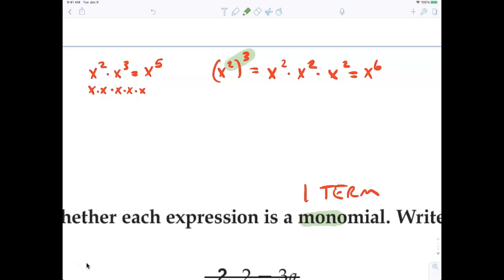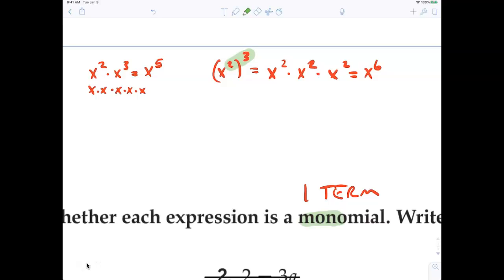That sounds kind of weird, right? Power to power, you multiply. But what am I talking about? I'm talking about the exponents. So if you have a power raised to a power, you multiply. And if you have an exponent multiplied, you add them. All right? Hopefully I made sense with that. Is everybody with me on that?